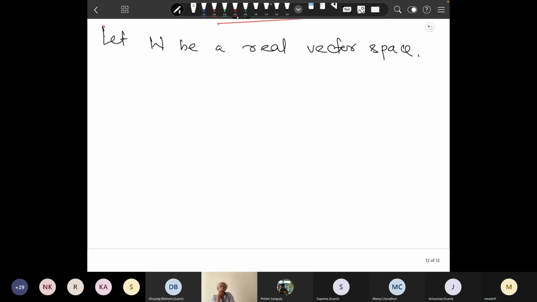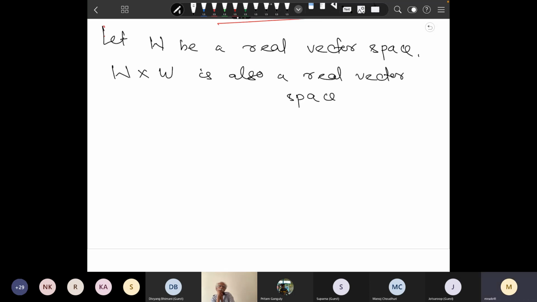Then W cross W is also a real vector space. This is trivial. Now in the case of R^n cross R^n, this complex structure is J of (x,y) equal to (-y,x).